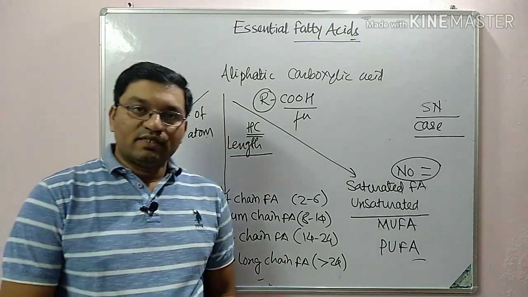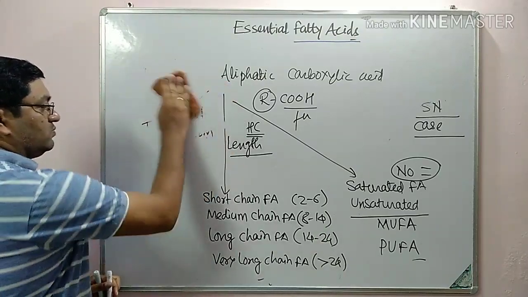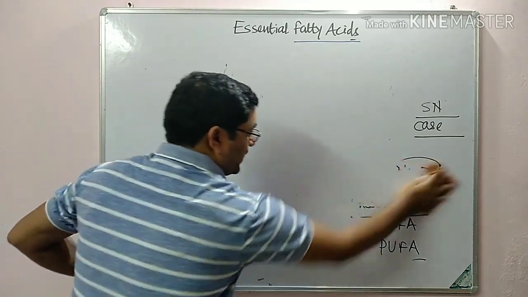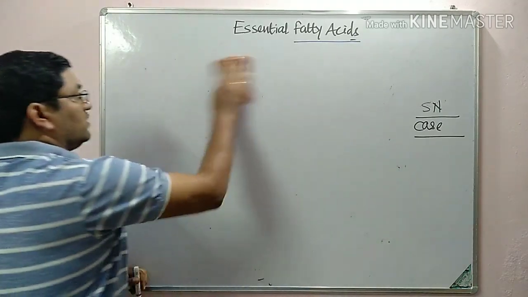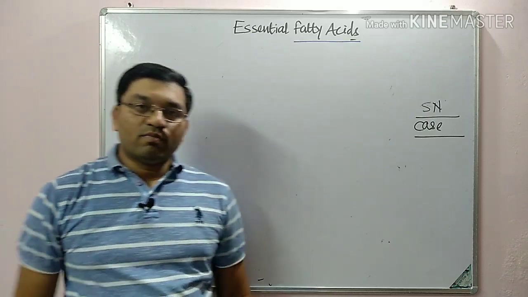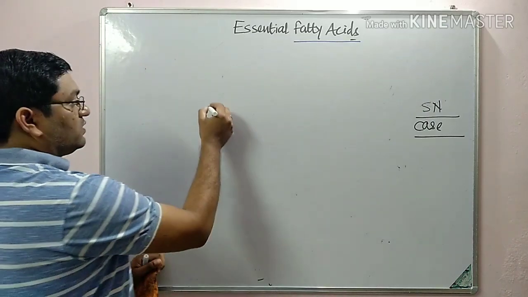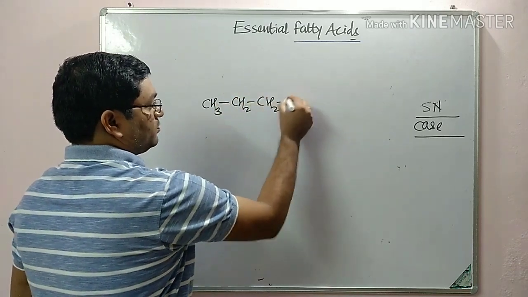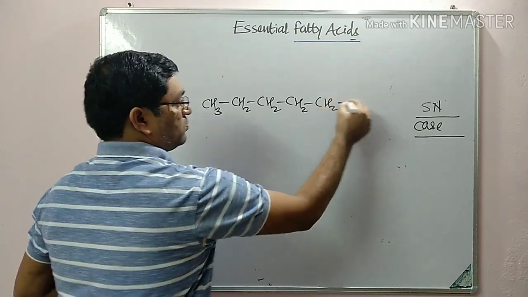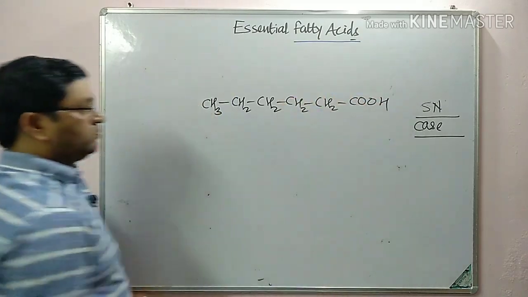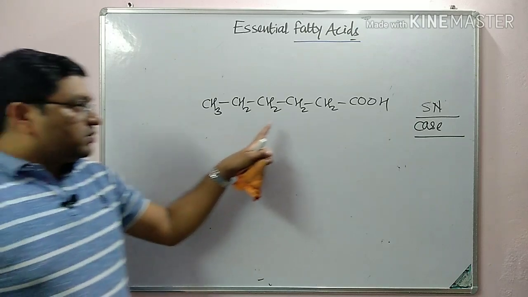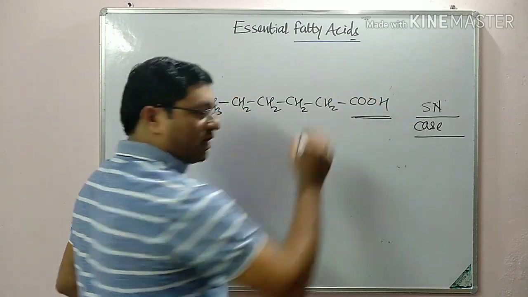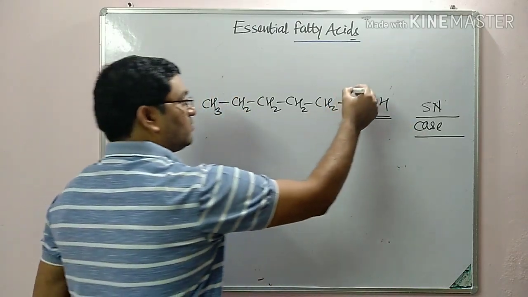Now, coming to the nomenclature of these fatty acids, we'll take one example fatty acid and give numbers to the carbon atoms. The numbering of carbon atoms is done from the carboxyl group. The carbon of the carboxyl group is known as the first carbon.